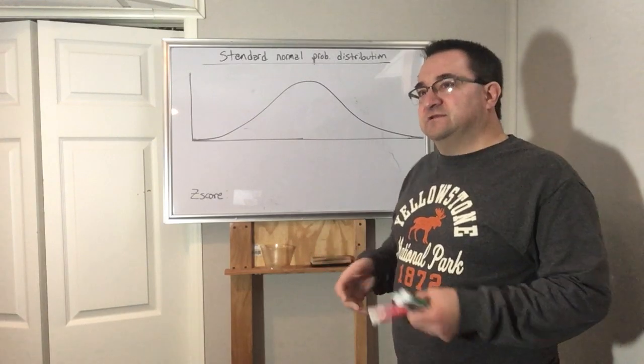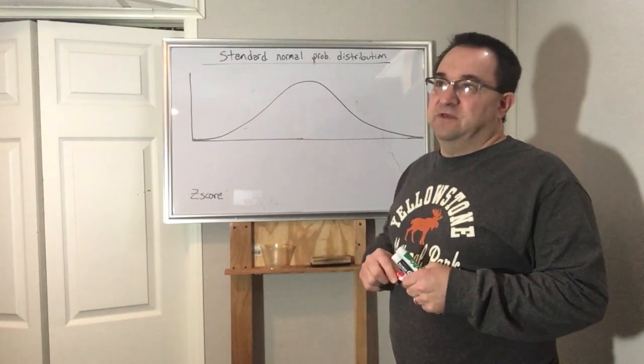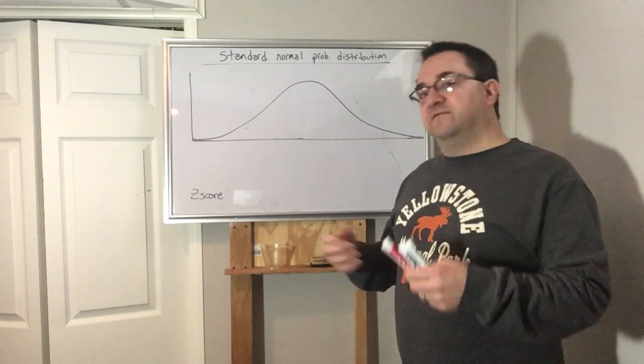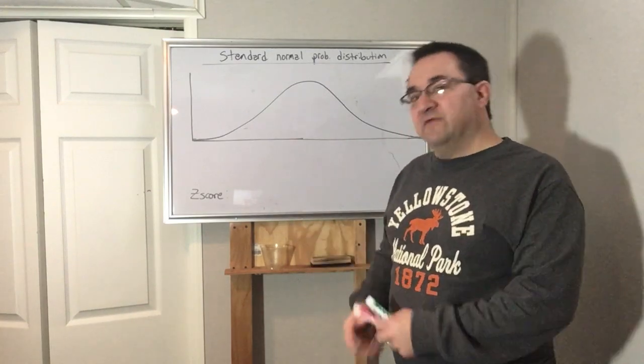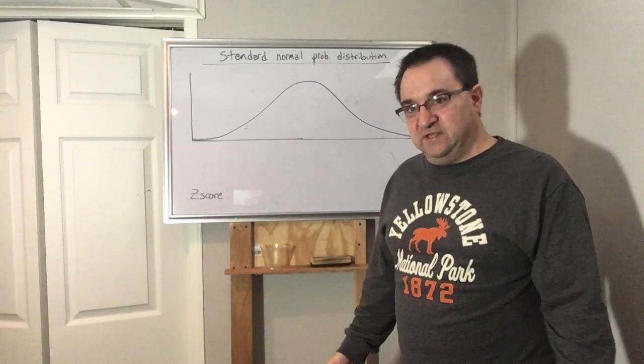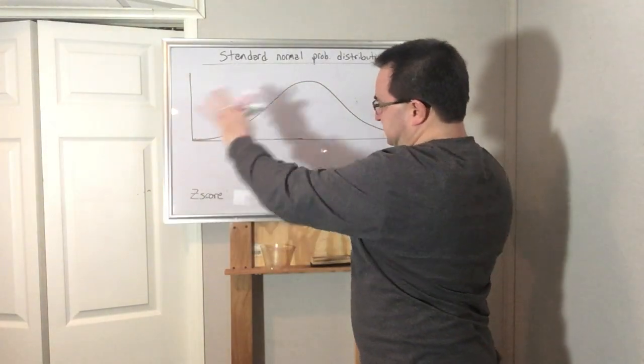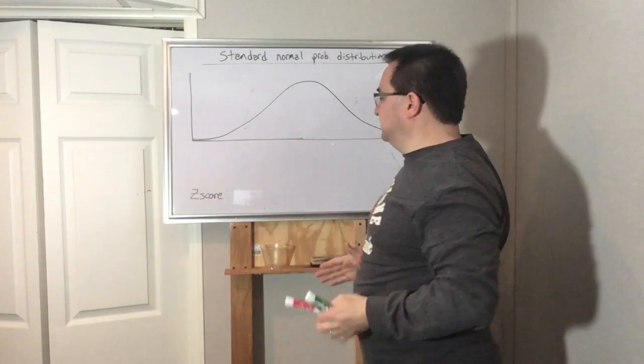Could I start to say what percentage of people are below 6 feet, or above 4 feet, or between 4 feet and 6 feet? That's how we take this basic idea and start getting specific.